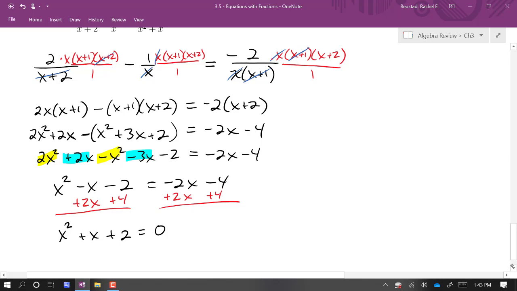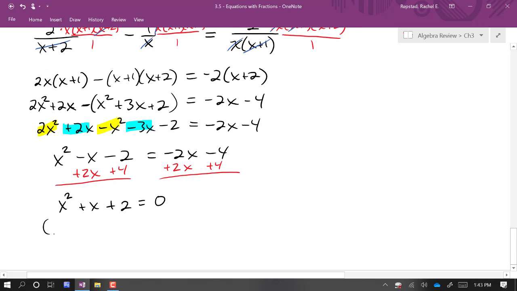Since it's set equal to 0, we can factor the left side. We're good at factoring. We'll have an x and an x, a 2 and a 1, and let's see, plus 2 minus 1. Here's the jump that we're making that we haven't quite learned yet, but we're getting a sneak peek at it before we start the next chapter.